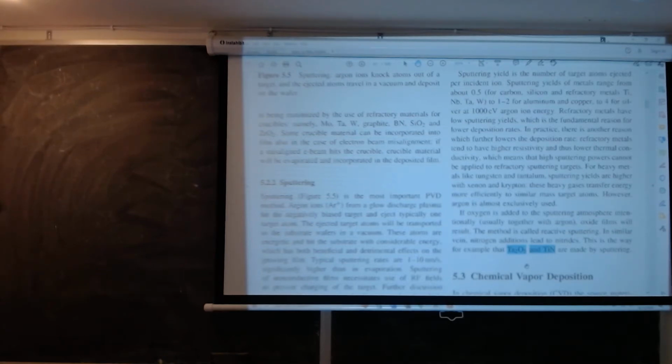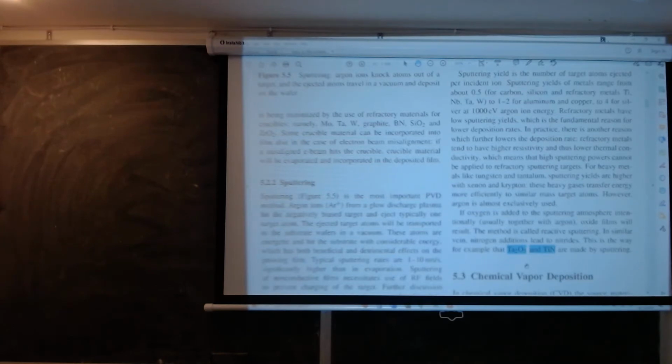And so if you had, for example, a target of tantalum, and you did sputtering in an oxygen atmosphere, you could cause a chemical reaction. So what you actually deposited was not tantalum, but tantalum oxide.